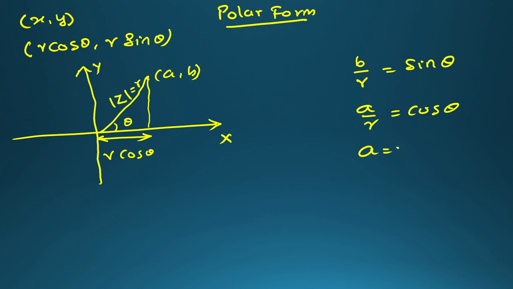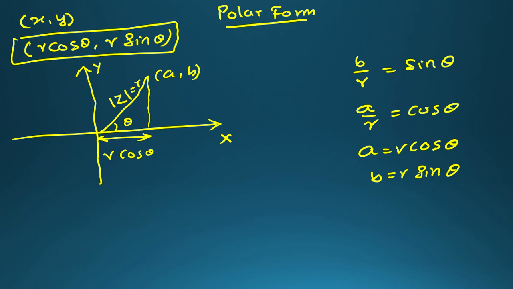So a will be equal to r cos theta and b will be equal to r sin theta. By this you can find the inclination, or the radius of the circle or unit circle, whatever condition is given. So it is just another coordinate system, the polar coordinate system, and we are going to talk about this.